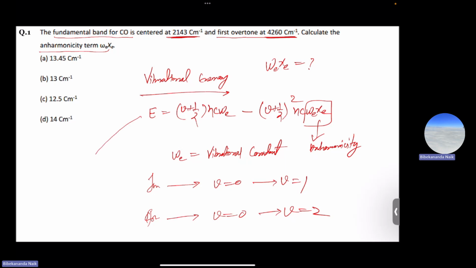If we convert E in terms of wave number units, it will be G(v), which equals E by hc.